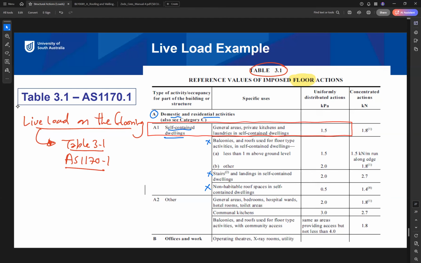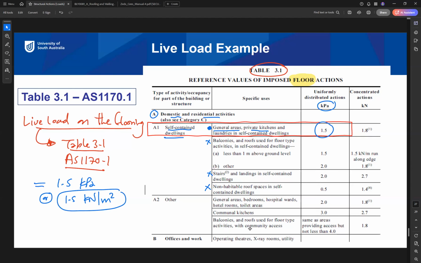So we can consider it as general area or private kitchen or whatever. Because we don't have enough information, we can consider it as general area. So how much is the live load on the flooring? 1.5 kPa or 1.5 kilonewton per square meter.